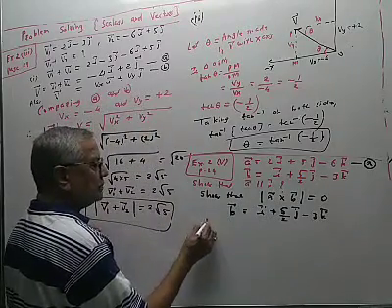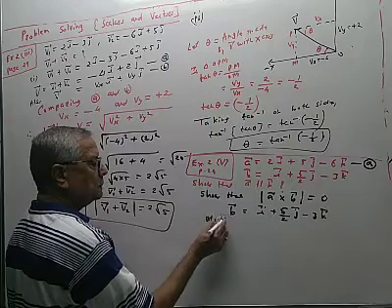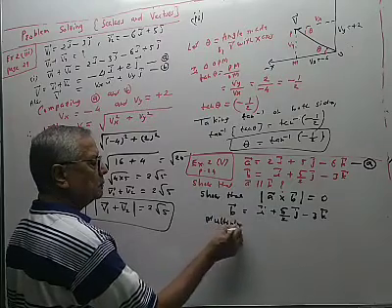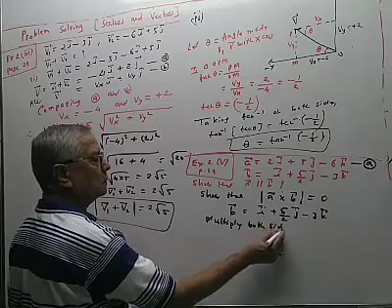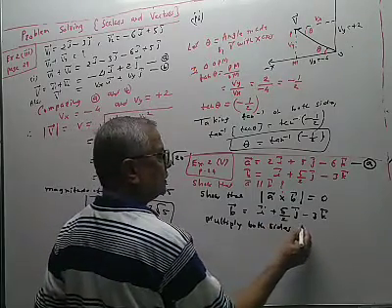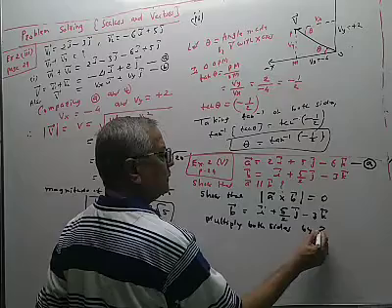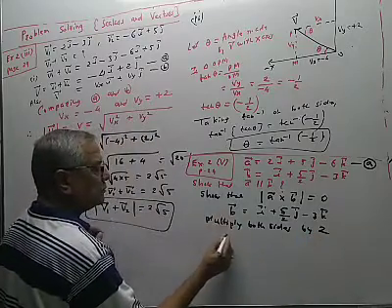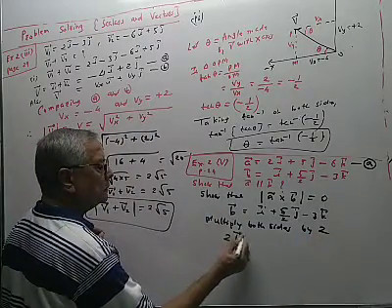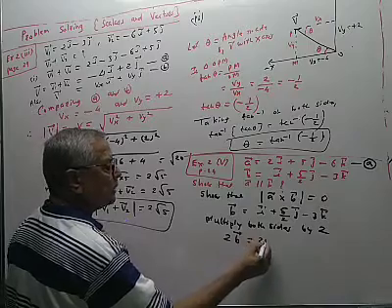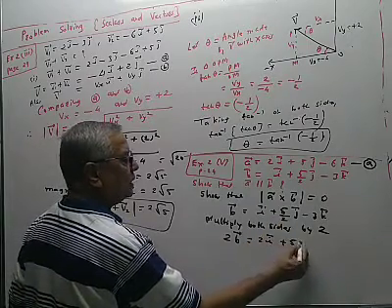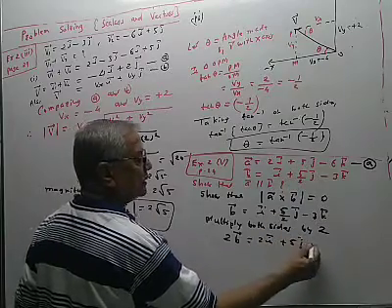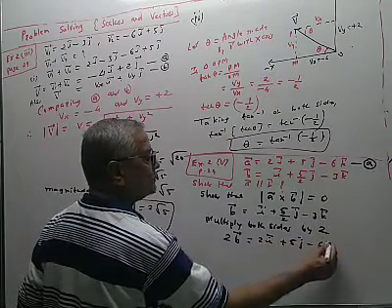I will do each and every step. Multiply both sides by 2. So this will become 2 times B. This will become 2 times I. This will become 5 times J. This 2 will get cancelled and this will become minus 6 times K.